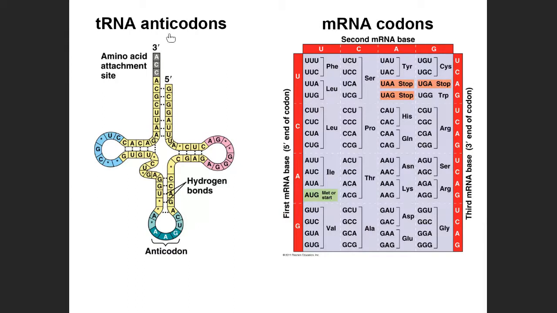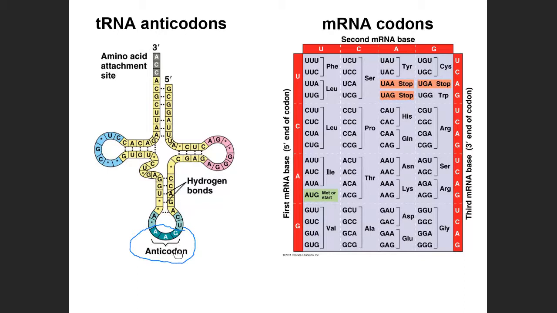So here I'm showing you tRNAs have anticodons such as AAG, and if you hear the word codon, I'm talking about mRNA. But in both cases, anticodons and codons, they are base triplets, okay?